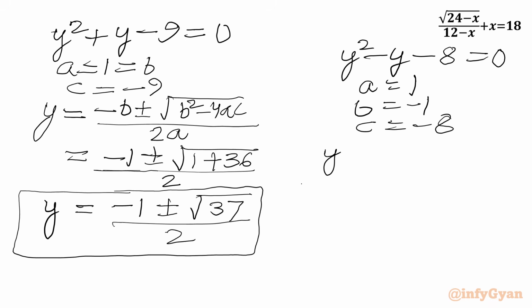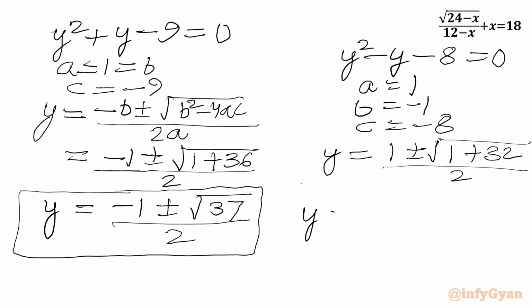So we'll use the same formula over here. y will be equal to minus b, so 1 plus minus square root of minus 1 square is 1 minus 4 times 1 times minus 8 will give us plus 32 over 2 times 1, so 2. So we are going to write here y will be 1 plus minus square root of 33 over 2.